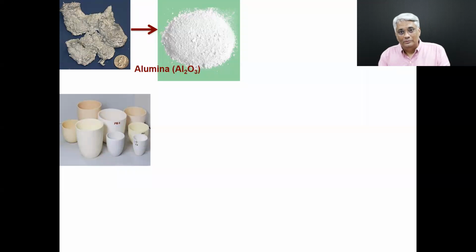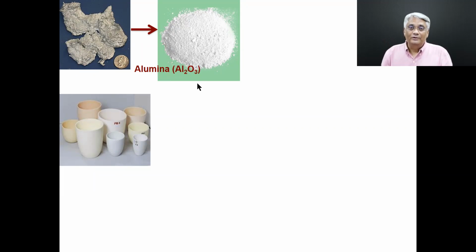But for any compound, if the melting point is 2000 degrees centigrade, and you heat the material to say 1800 or 1700 degrees centigrade, there will always be energy given to the surface atoms, and surface atoms can start diffusing, right? So you can start seeing contamination.